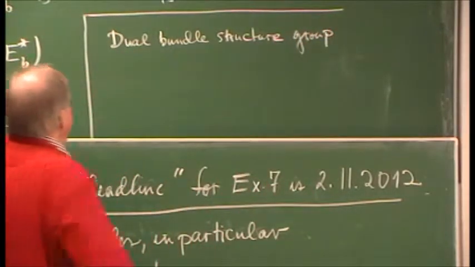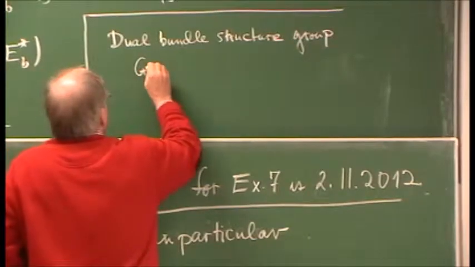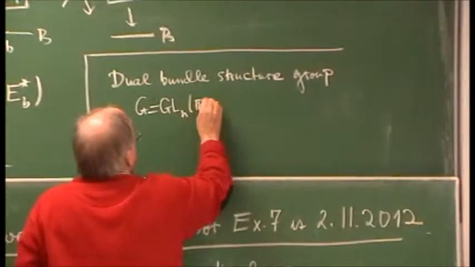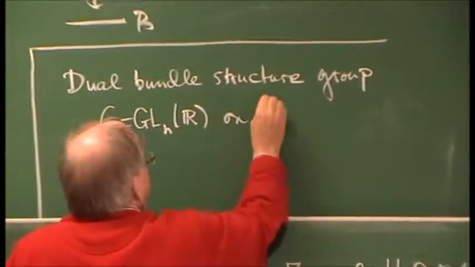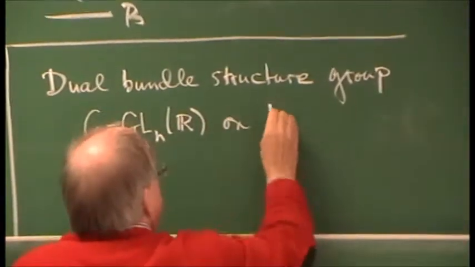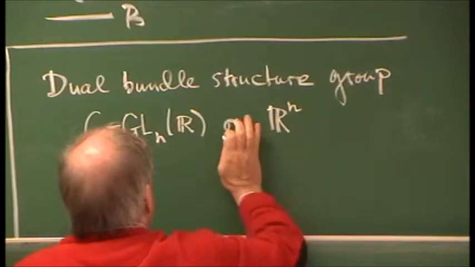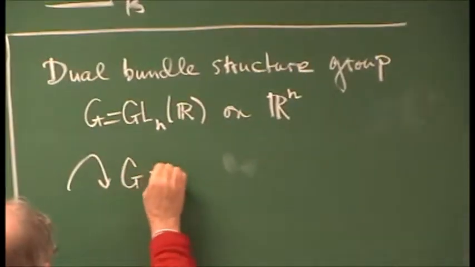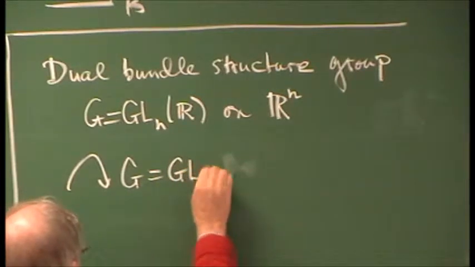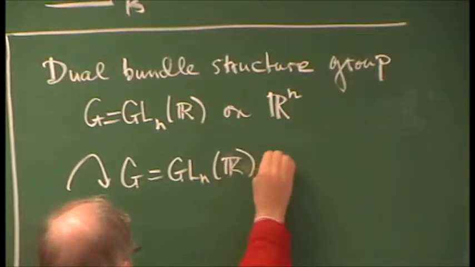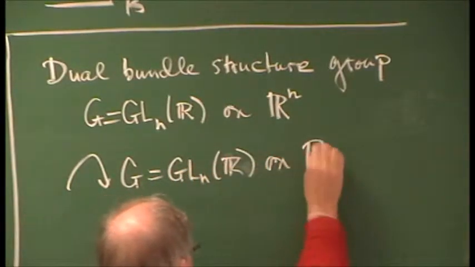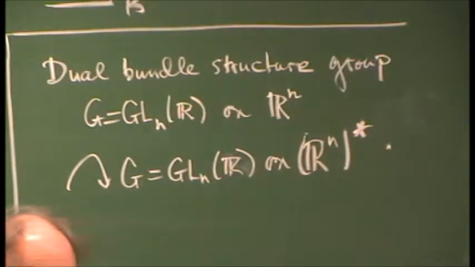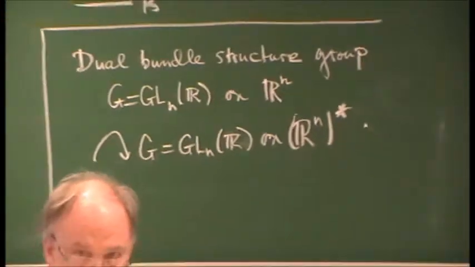Well, if G is GLn(R) on the original fiber, which is a vector space, Rn, then the new structure group is the same, GLn(R) on Rn, but let's emphasize dual, because you've gone to the dual space.